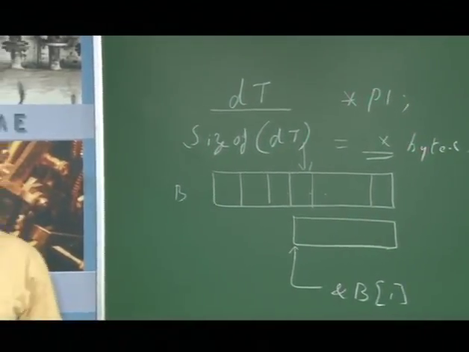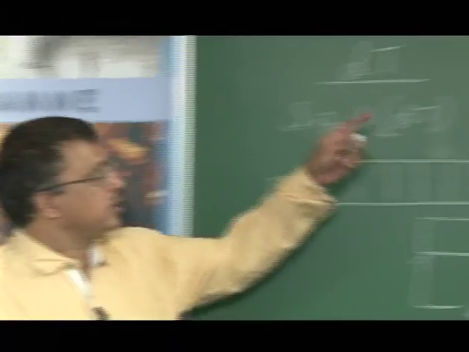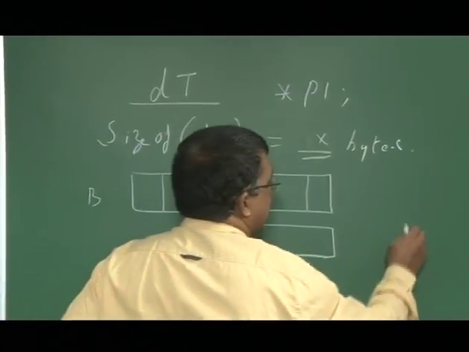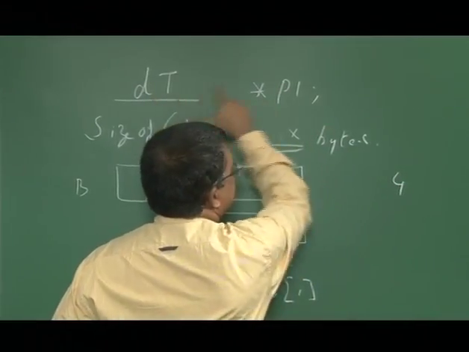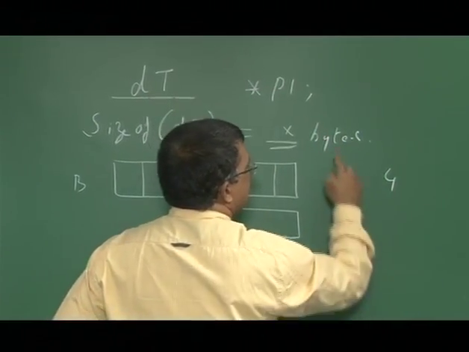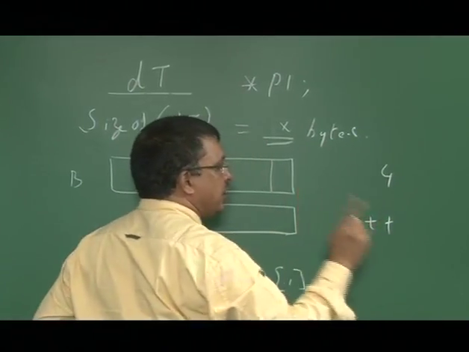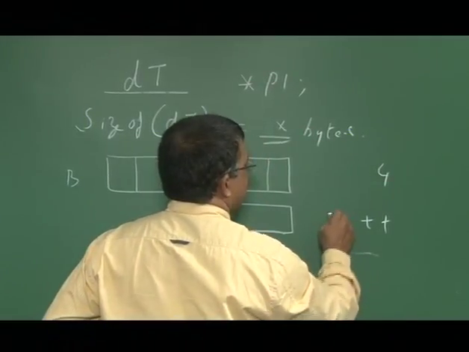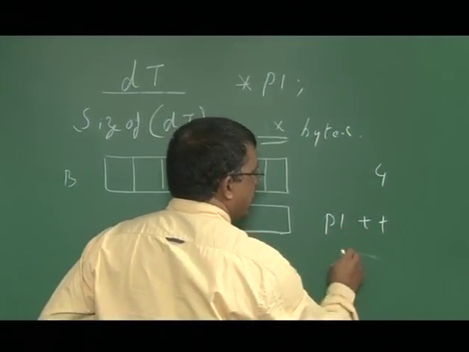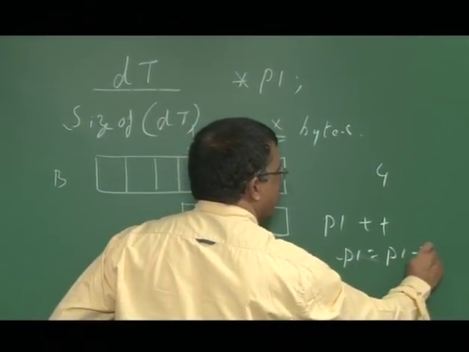Now, you have the increment operator plus plus. If this data type size x is 4, then suppose I say P1++, which is basically P1 equal to P1 plus 4, instead of incrementing by 1.